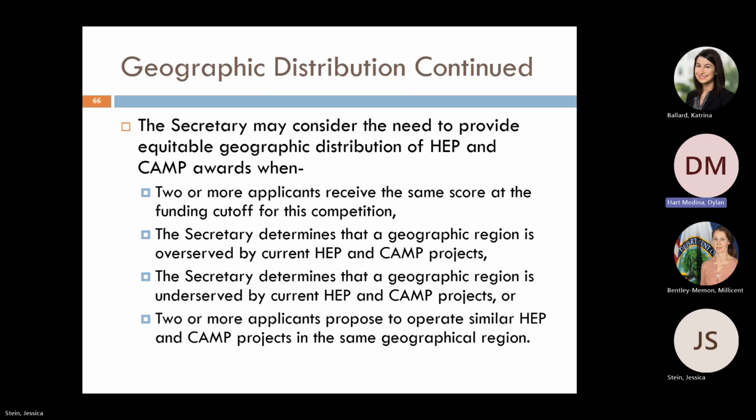The Secretary may consider the need to provide equitable geographic distribution of HEP and CAMP programs when two or more applicants receive the same score at the funding cutoff for this competition, the Secretary determines that a geographic region is overserved by current HEP or CAMP projects, the Secretary determines that a geographical region is underserved by current HEP or CAMP projects, or two or more applicants propose to operate similar HEP or CAMP projects in the same geographical region.